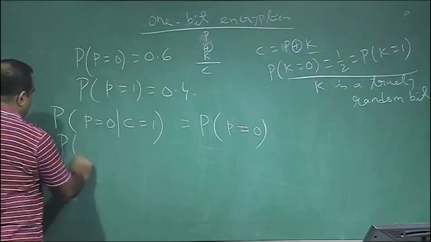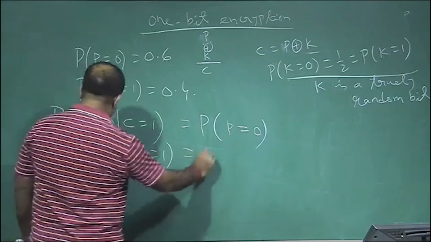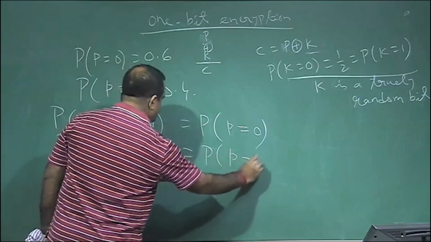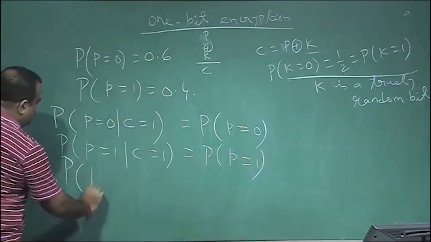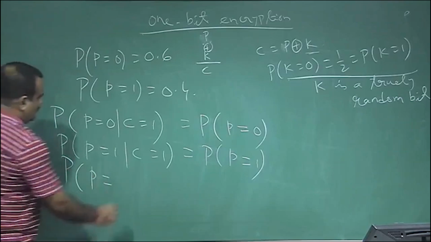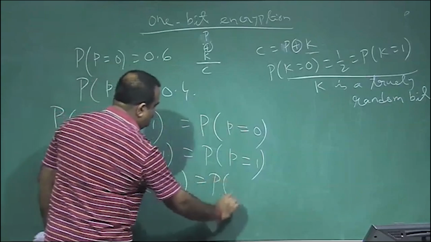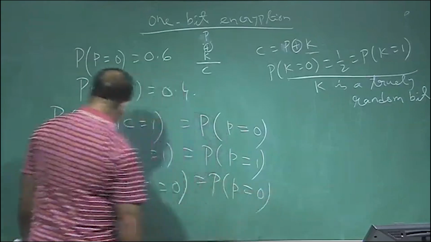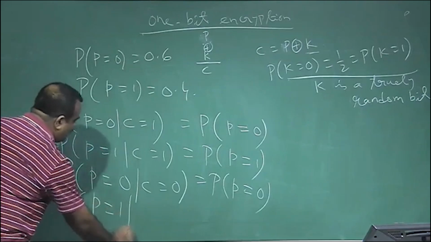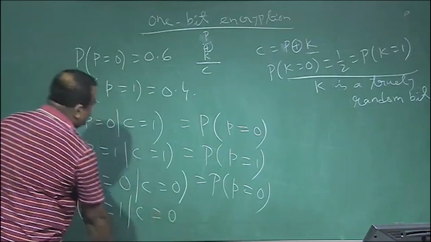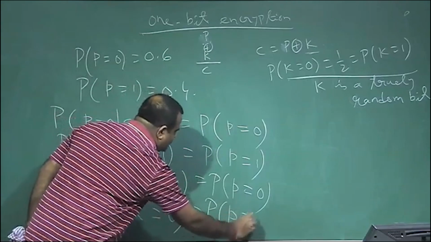Similarly, we have to show all possibilities: the probability of P equal to 1 given C equal to 1 is the probability of P equal to 1, the probability of P equal to 0 given C equal to 0 is the probability of P equal to 0, and the last one is the probability of P equal to 1 given C equal to 0 is the probability of P equal to 1.